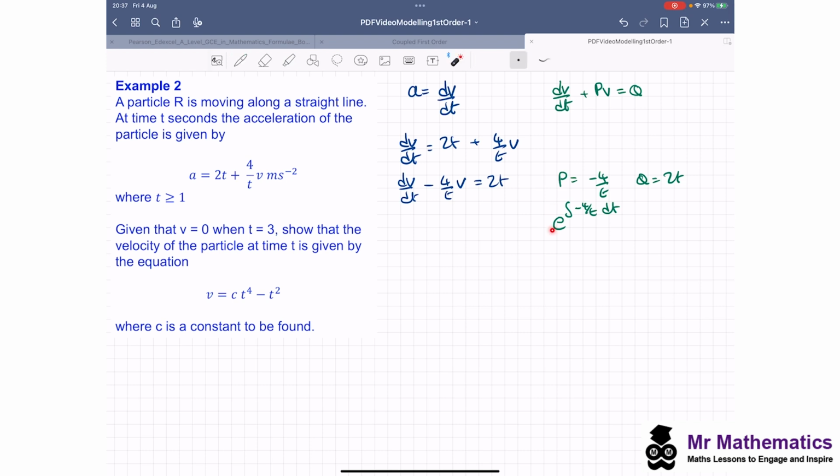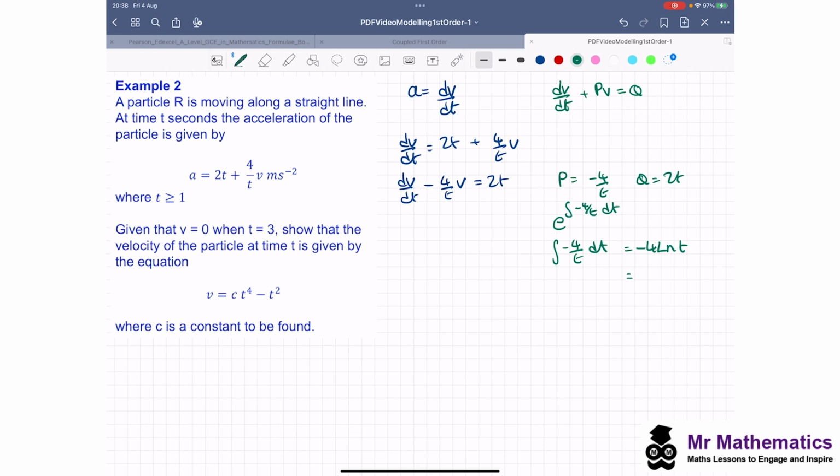So we covered all of this in a previous lesson on solving first order differential equations. So if you're not sure about that, it's worth having a look on my website. So the integral of negative 4 over t with respect to t will be equal to negative 4 times the natural log of t. And now using the power rule, we can move this negative 4 over to here.